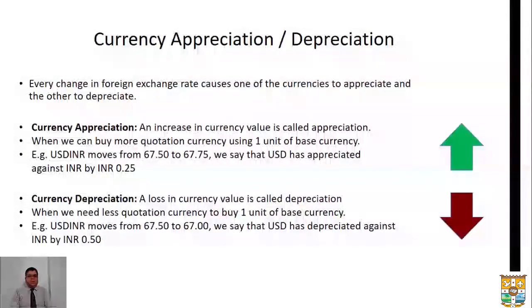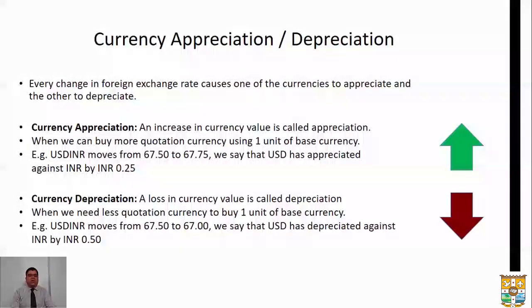Currency depreciation is just the opposite. When the rate of the currency falls, it is called currency depreciation. So in the previous example, US dollar, which is the base currency, appreciated. But what happened to the term currency, which is INR? INR fell. Why? Because earlier paying 67.50 rupees was good enough to buy 1 USD.